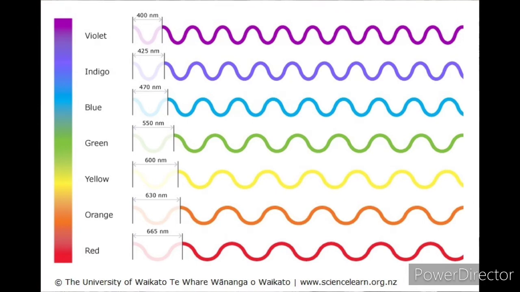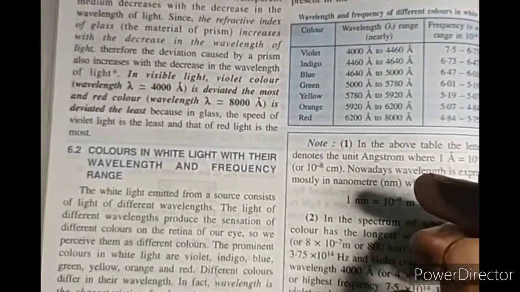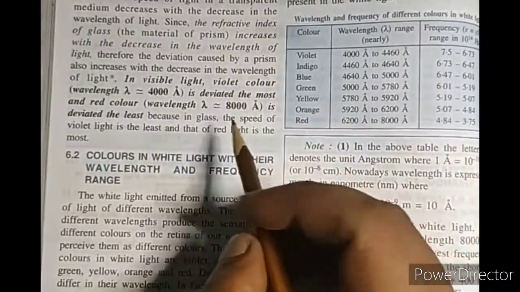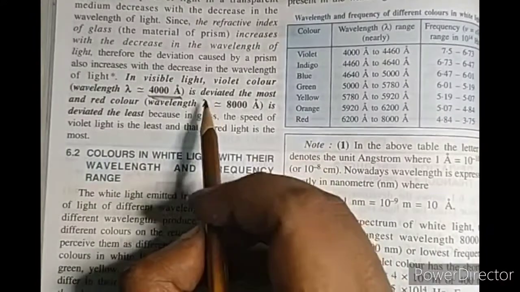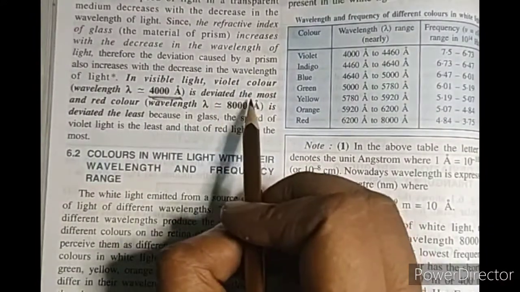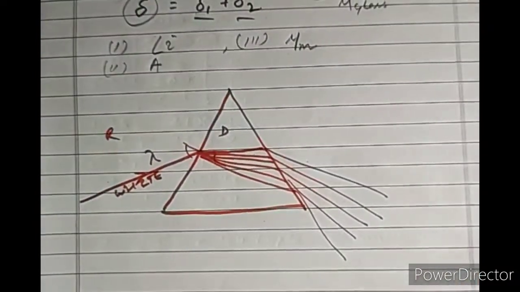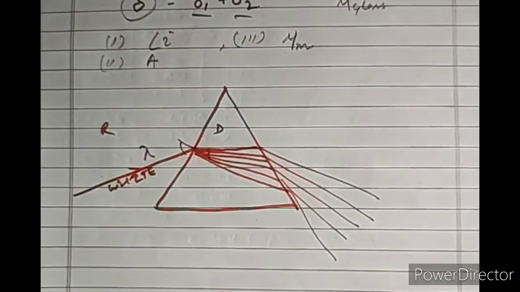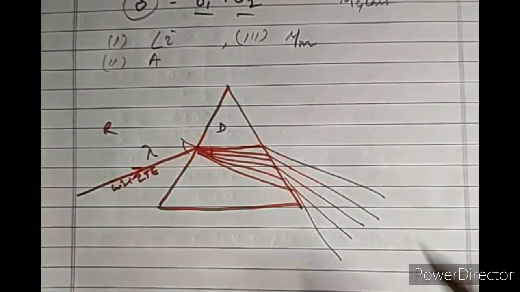Now let us see the visible light, that means whatever light is visible to us. In the visible light, the violet color has a wavelength of around 4000 angstrom. Wavelength is measured in angstroms. Violet is deviated the most, and red color is deviated the least. We know that white light comprises 7 colors. What are the 7 colors?